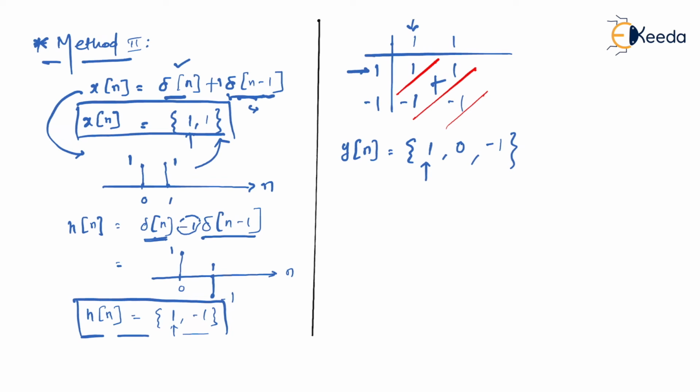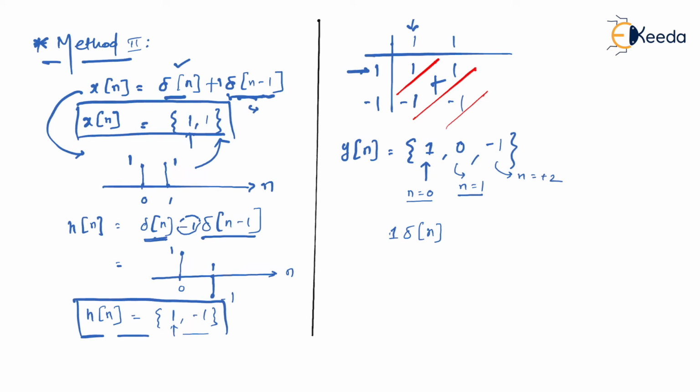Now this y[n], if expressed in the form of a sequence, can be expressed in the form of impulses. Am I right? Of course you know that this is present at n equal to 0, this is present at n equal to 1, and this is present at n equal to +2. Whenever an impulse is present at n equal to 0, we represent it as δ[n], and the coefficient is 1. There is no need to write coefficient 1, but now I have written it.